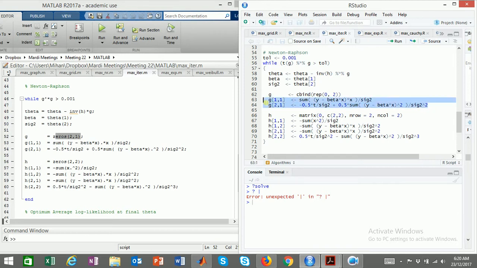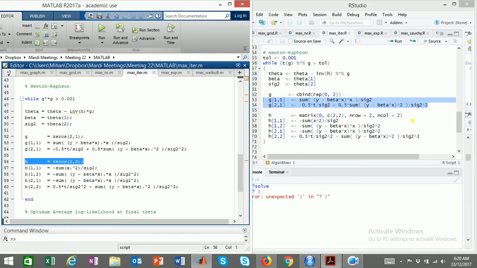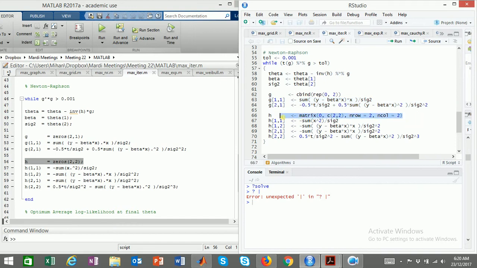So here it is the same, there is no change. H is first, where a 2 rows 2 columns square matrix is created. These are the tweaks of R and MATLAB. Now we need to create a matrix manually.